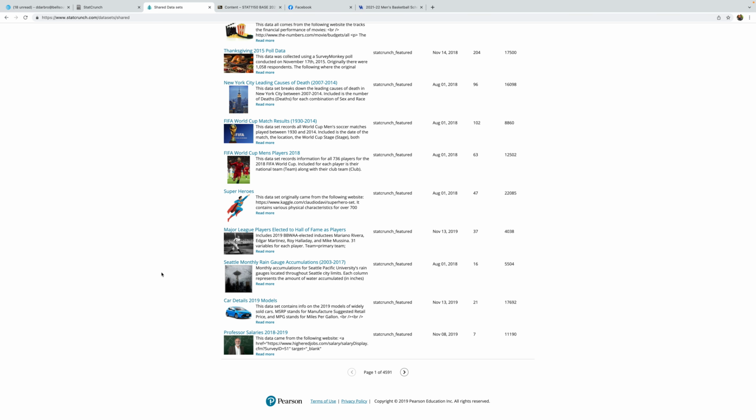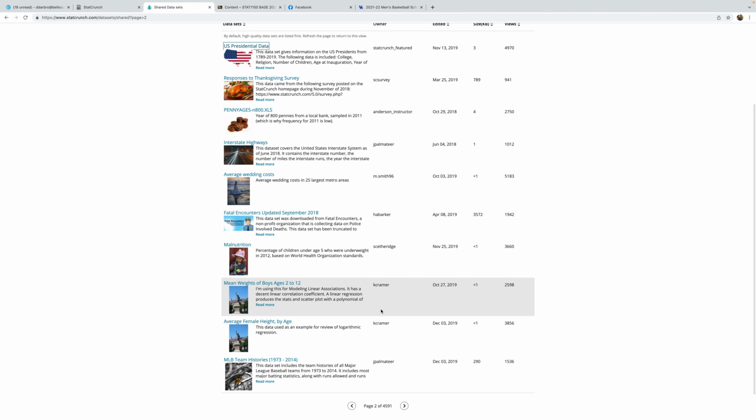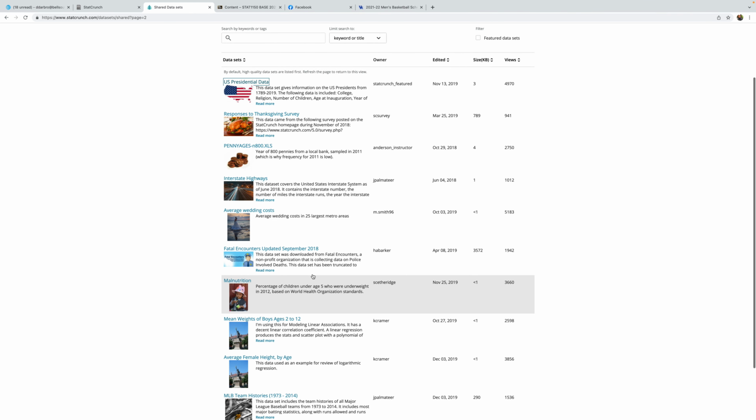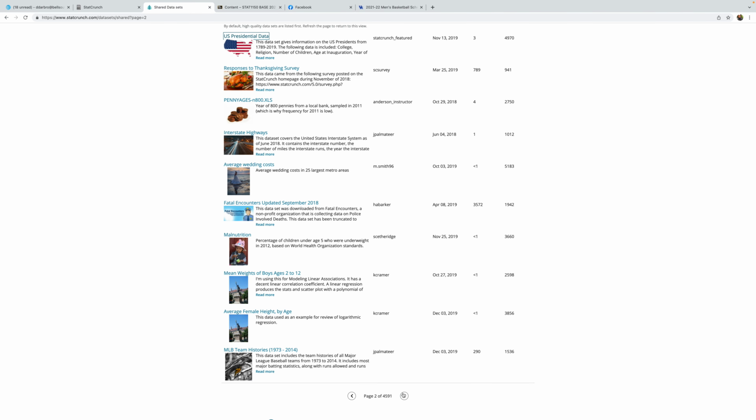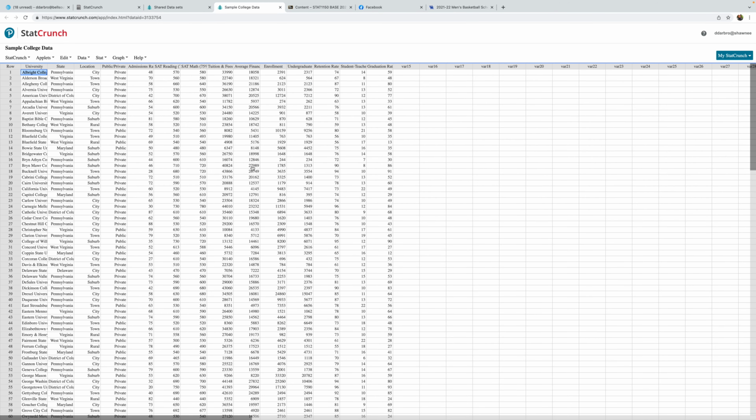Car details, I think would be interesting. Some people, superheroes. Professor salaries would really be interesting to me. But there is one on college data, and I thought it was on page 2, but maybe yeah, here we go. Sample college data. So if you will click that, pretty cool data set, actually a pretty large data set.